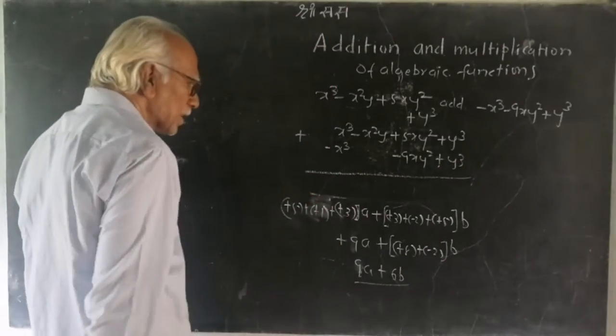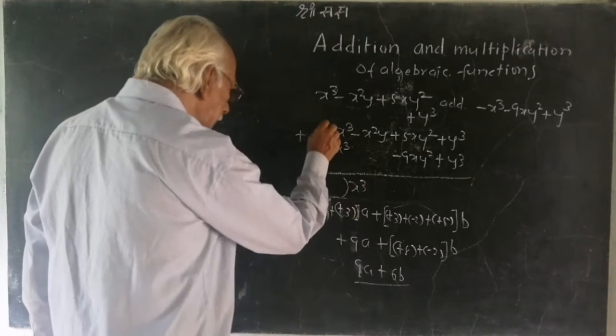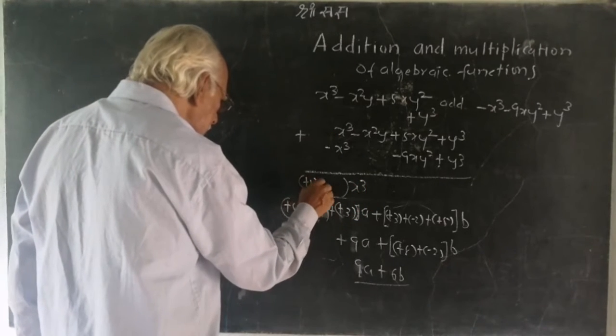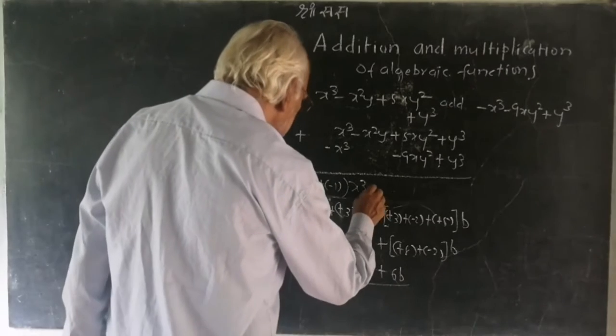So, let us add. Now, see here x cube is common and here it is plus 1 plus of minus 1, and here nothing is there.